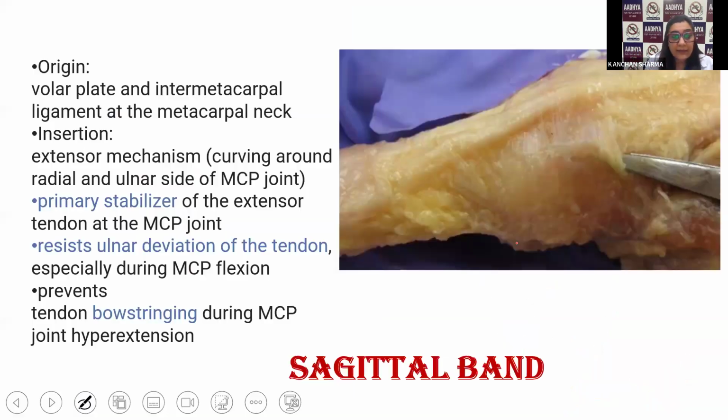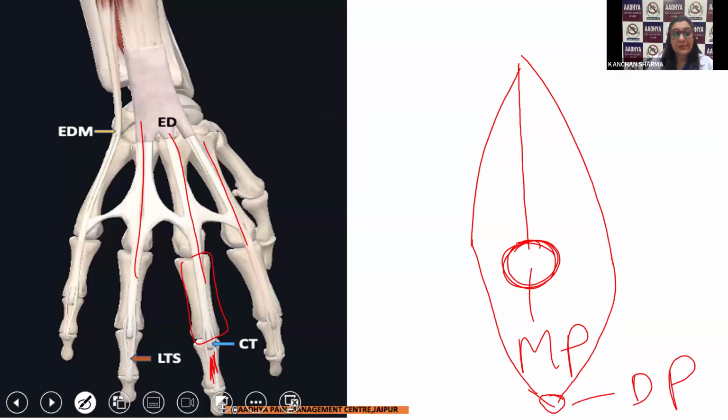Okay. And one more thing is the sagittal bands. Okay. This is also very important because if there is a problem with it, we are going to call it boxer's knuckle. Okay. So what usually happens here, you are seeing that it is passing over a joint, right? So someone should be holding this tendon over this head.